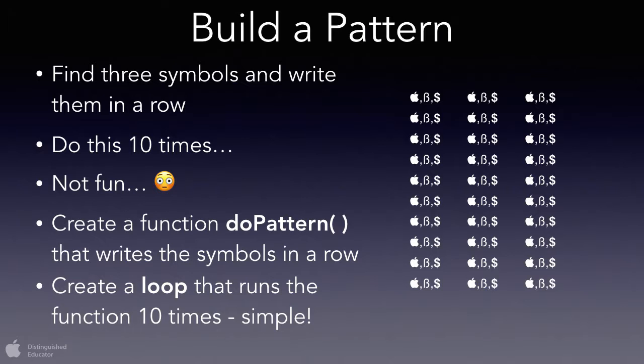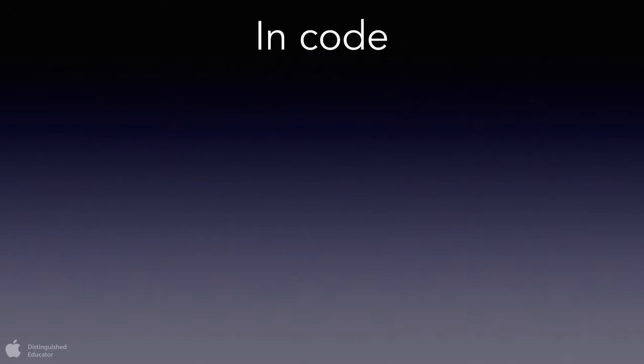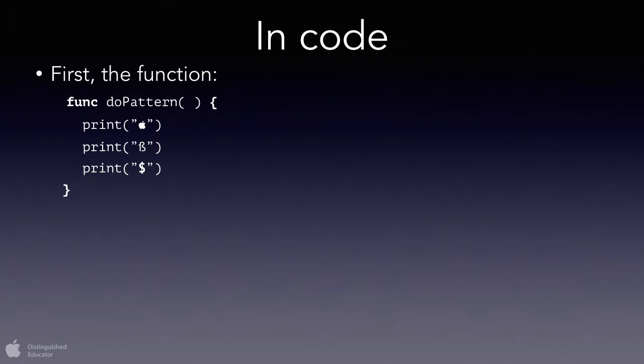So how would this look in code? Well, first the function. It would look like this. Here you have the reserved word func, that is for functions, and then you have the name, and you have 2 parentheses. You have to have that. We'll talk about this later.